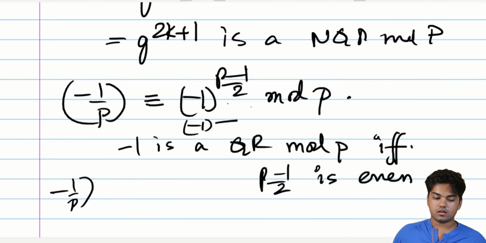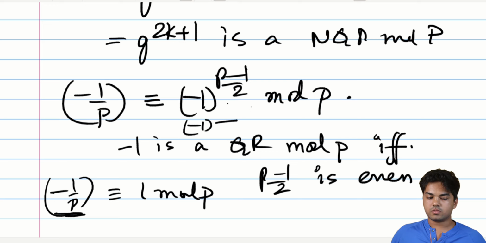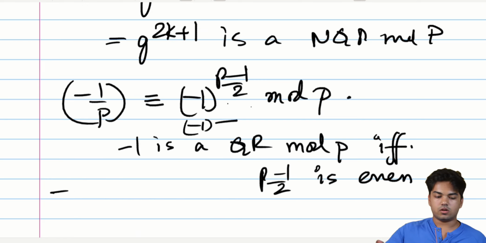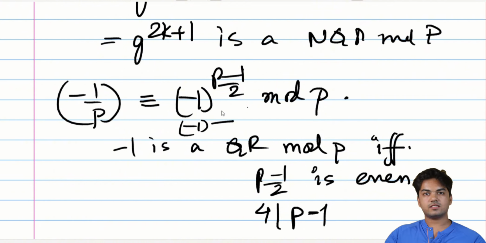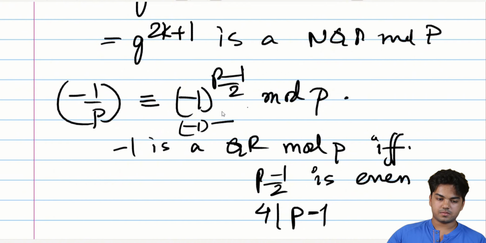So minus 1 Legendre P is 1 mod P, but minus 1 Legendre P is either 1 or minus 1. So if it's congruent to 1 mod P, it's equal to 1, and so on in the odd case. P minus 1 by 2 being even is the same thing as saying 4 divides P minus 1. We already covered this. So we get a very beautiful interpretation of this.